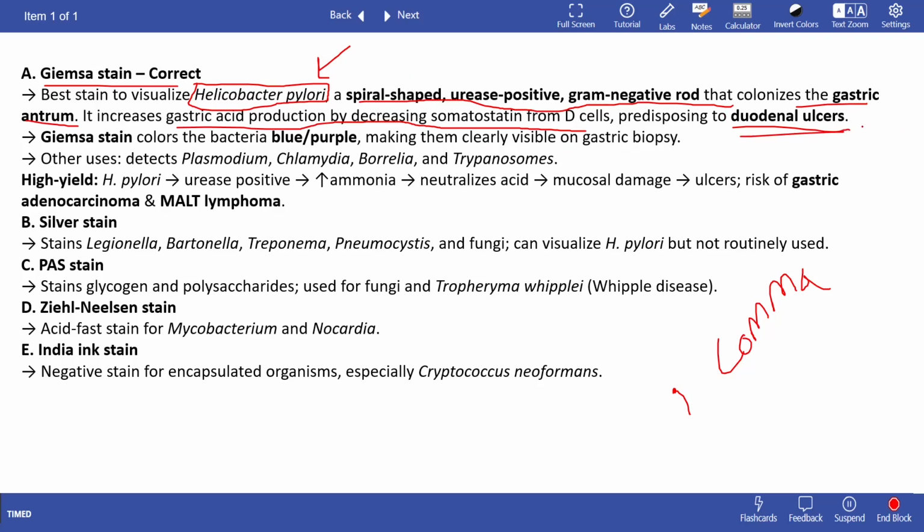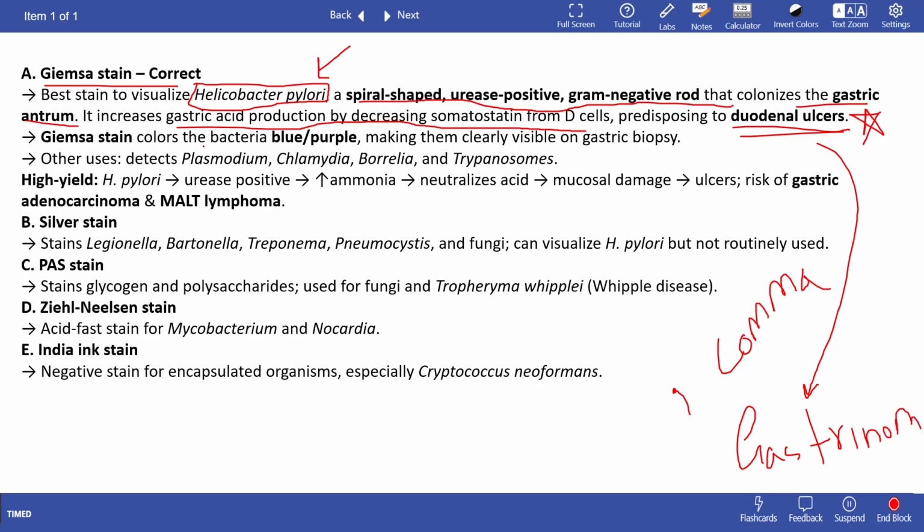Duodenal ulcers are one of the highlights of peptic ulcer disease. You can also get duodenal ulcers from gastrinoma, which is a gastrin-producing tumor in the pancreas.